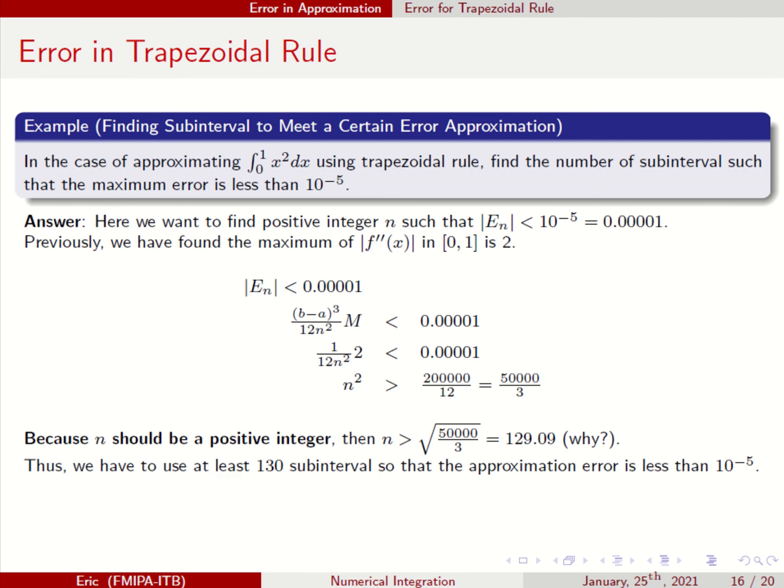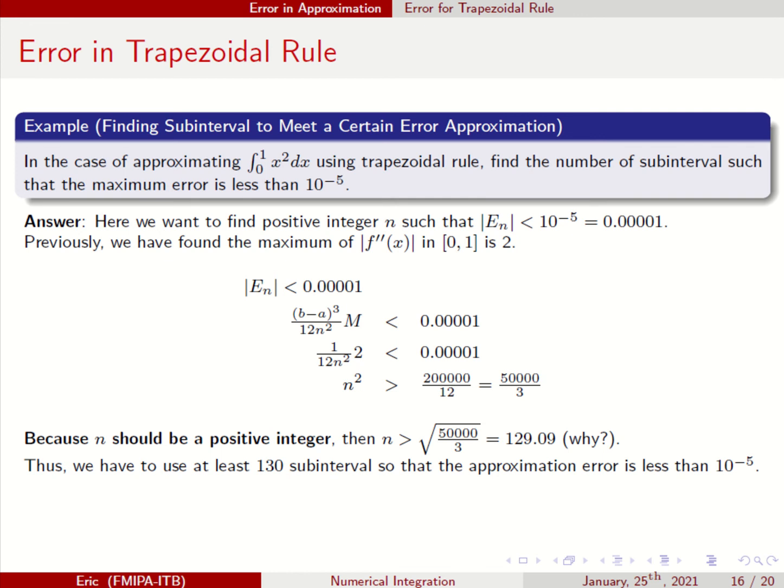So at least you have to use 130 subintervals so that your maximum error is less than 0.00001. Why do I have this in boldface? Because don't forget, if I have n squared greater than this, how do I solve it?